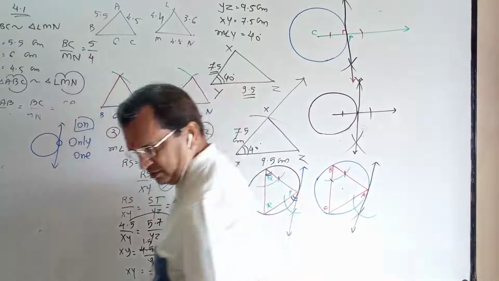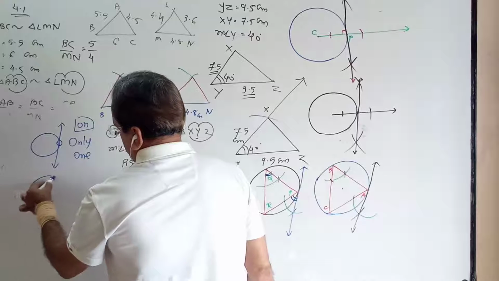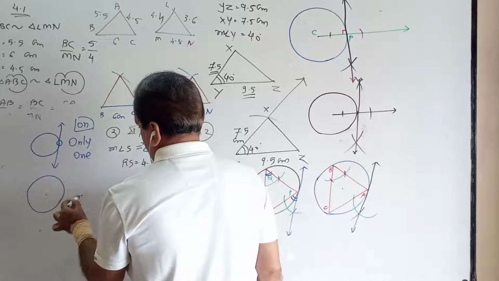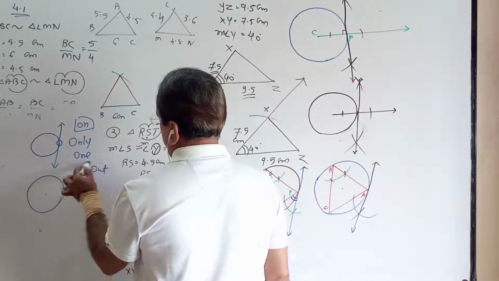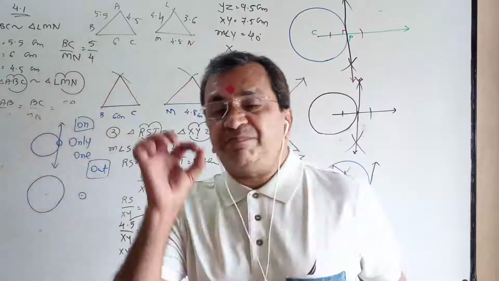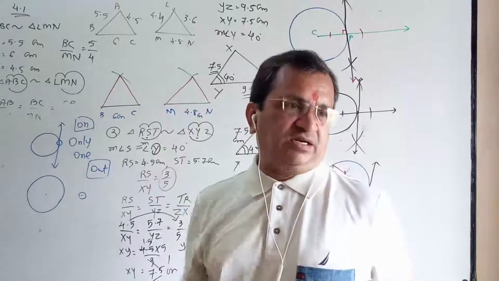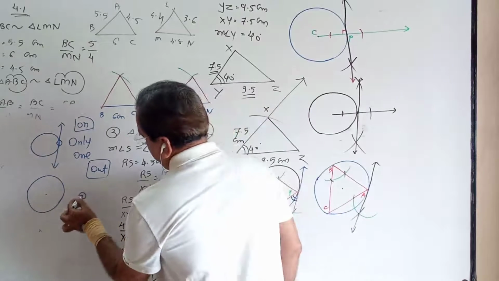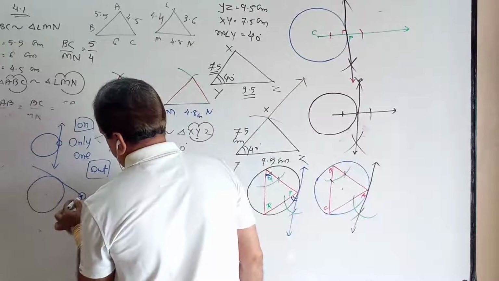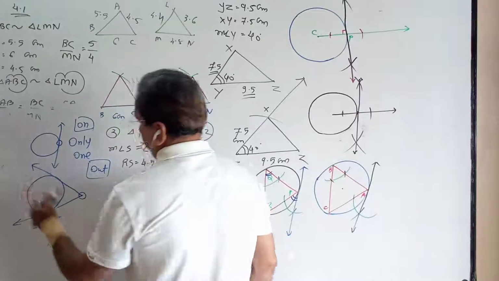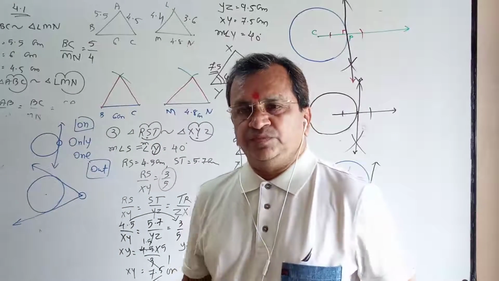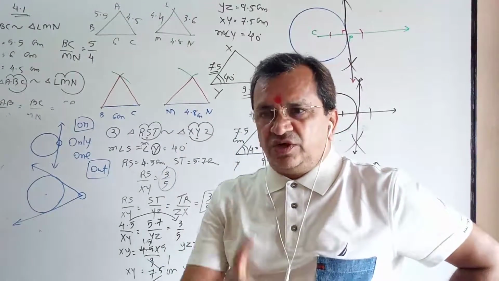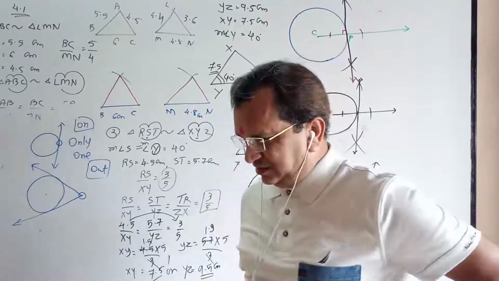Now, on, now out. There is a point outside the circle. How many tangents can you draw? So from this, two tangents you can draw. Follow? On a circle, you can draw only a single tangent.